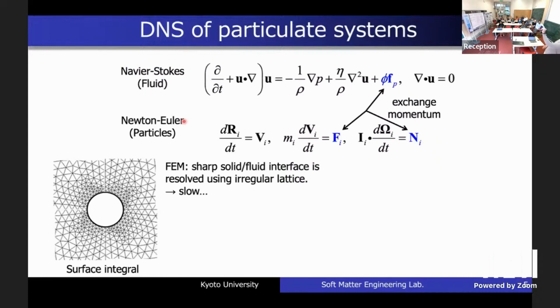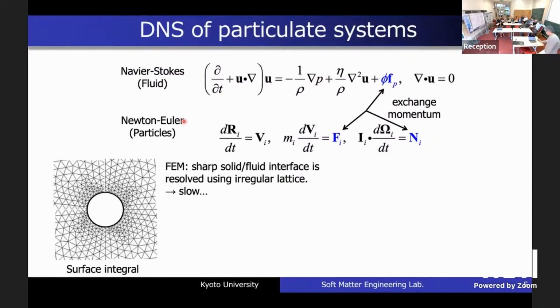You can imagine that if one particle moves from this position to another position, then you have to remesh the entire space, then transport information defined on one mesh configuration to the new mesh configuration. It's very, very inefficient. This is why, in this method, the momentum transport is achieved by surface integral. So the force acting on a particle is obtained by integrating the stress acting on the surface. It is very inefficient in that way.